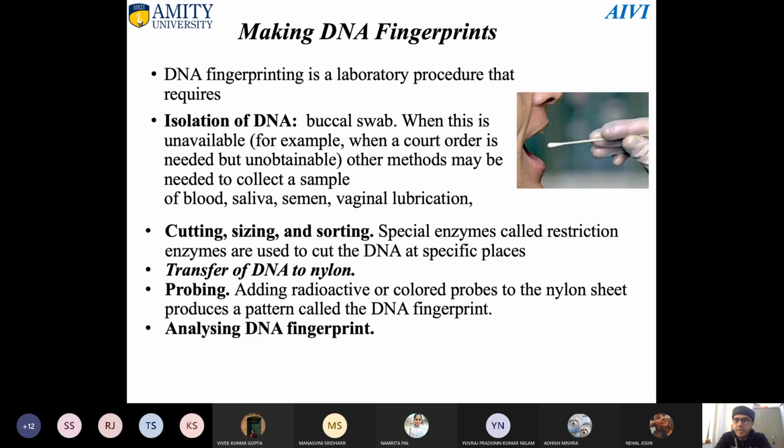You can also utilize it in the comparison of different individuals and different characteristics. For example, how can DNA fingerprinting be utilized in plants, or in animals?